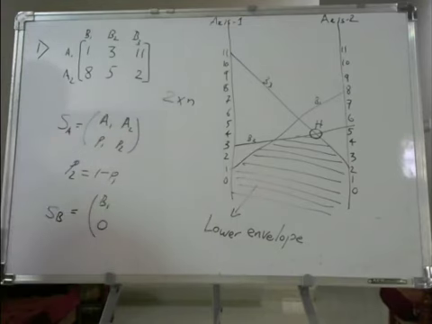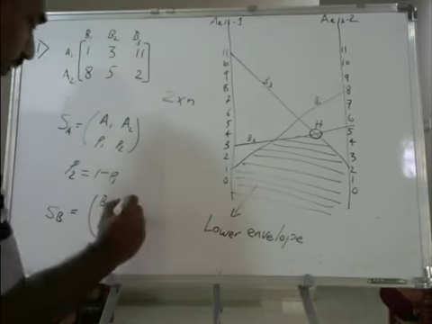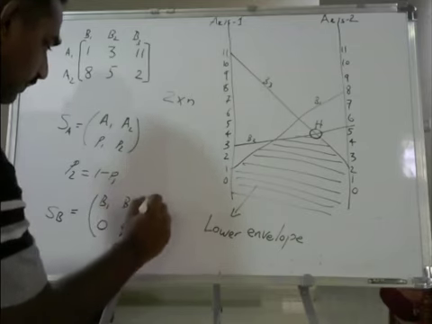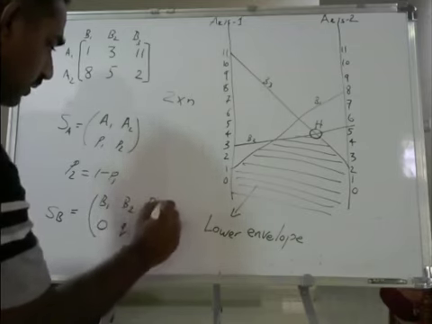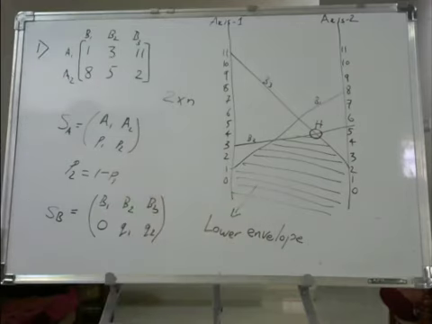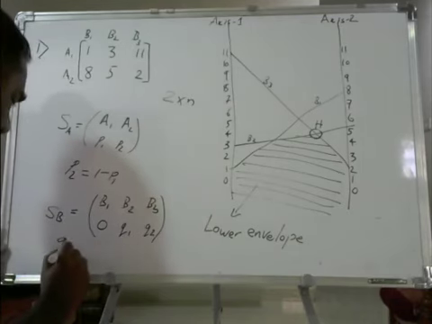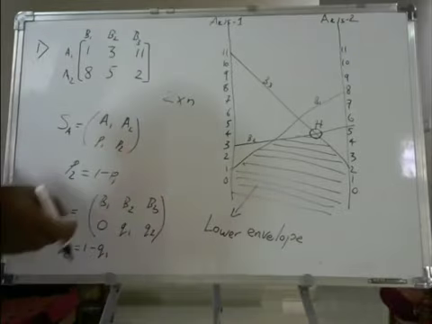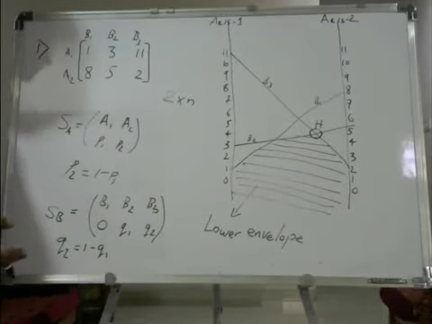Then B2 is Q1 and B3 is Q2, where Q2 is 1 minus Q1. Now you need to solve the game like this.